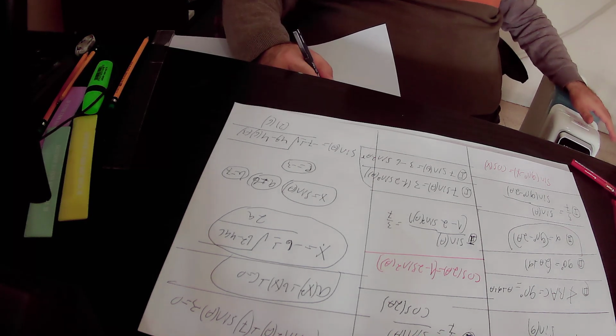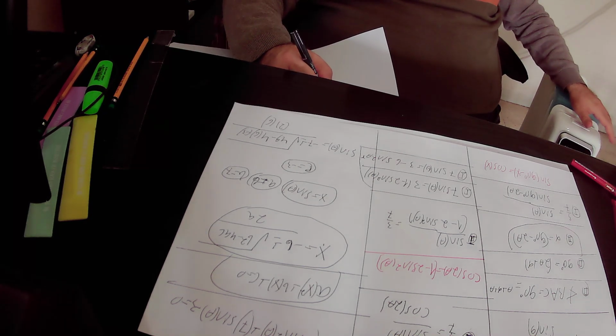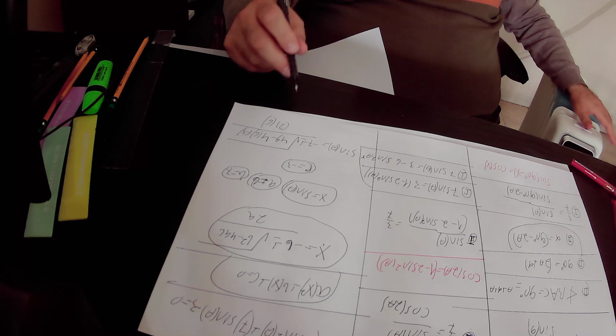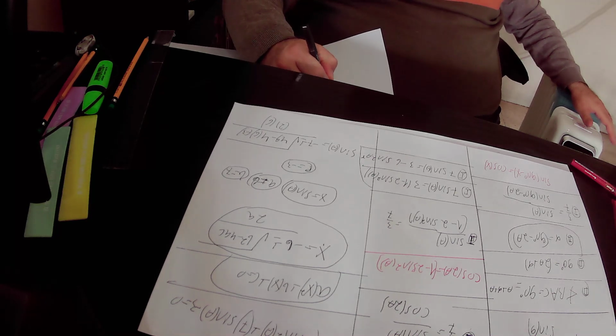So in conclusion, inside the root we have 49 plus 72, all divided by 2 times 6, which is 12.